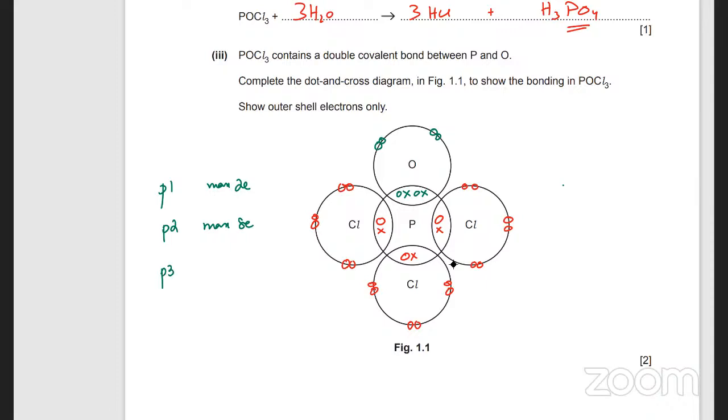Period 3 का जो element होगा, the maximum electrons it can have is 18, ठीक है। तो remember जो 8 electrons वाला rule है, that does not apply to phosphorus, ठीक है। वो क्लियर है बात? Okay.